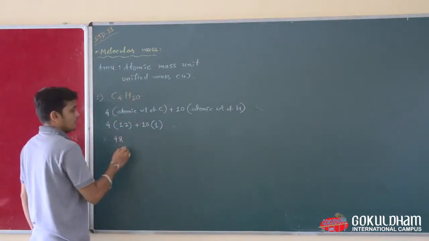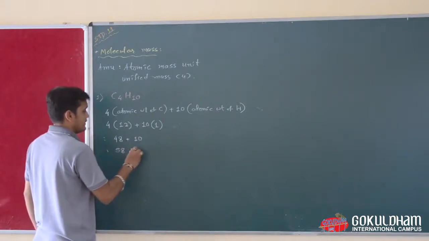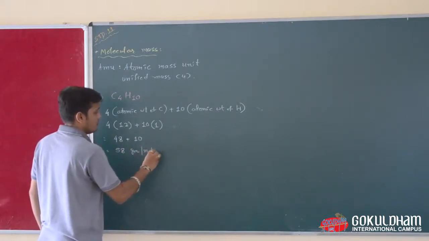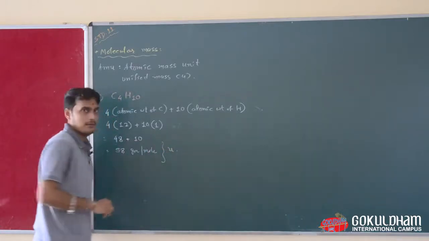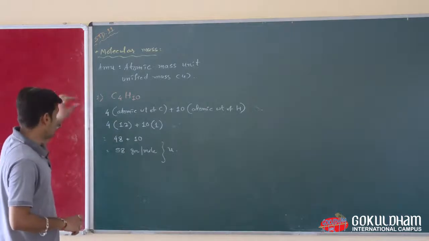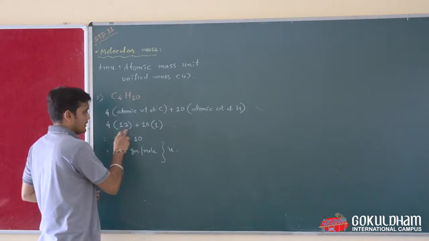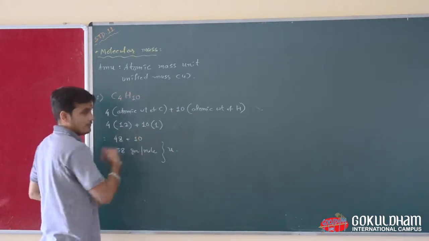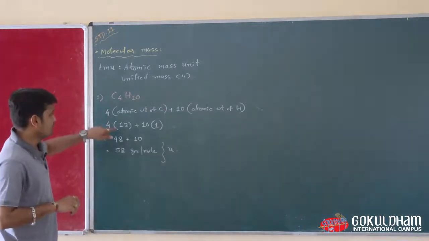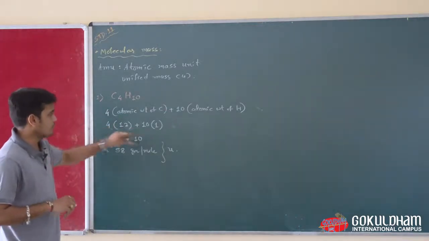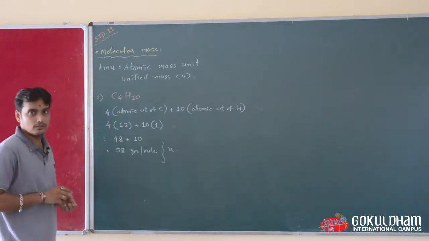Four into 12 is equal to 48 plus 10 is equal to 58 gram per mole, or you can say u, unified mass. This is one example of C4H10. You have to remember this atomic weight of various elements, or in exam this weight will be given, so you have to just put that value and give the total.